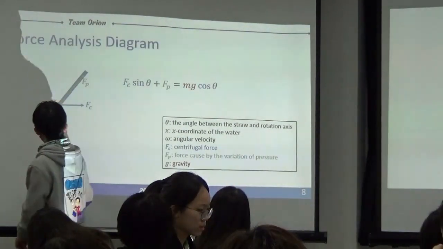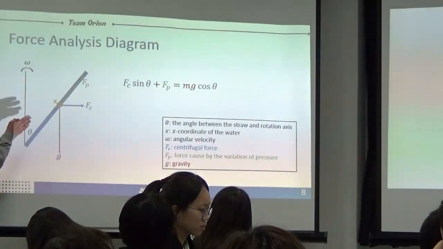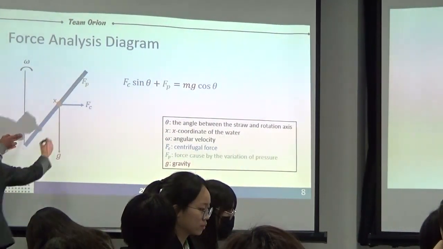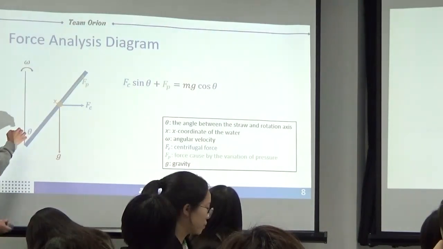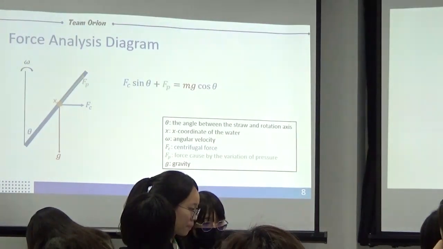Because the pressure here is lower, because the flow is slow. Why is the pressure here lower?